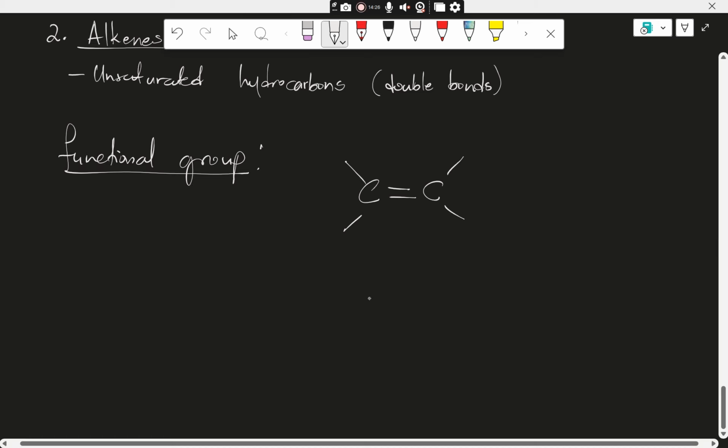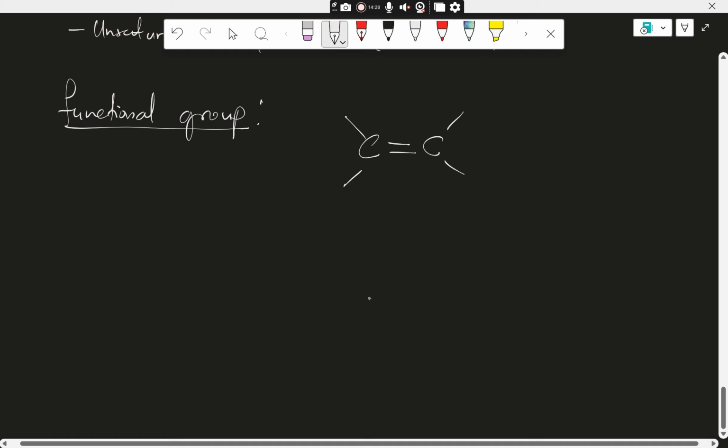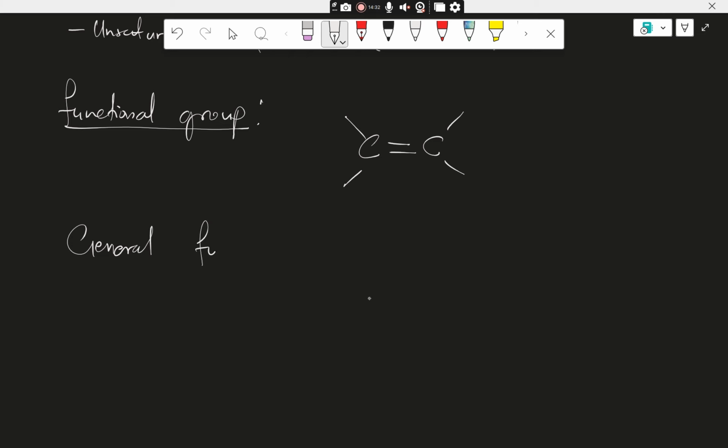So that's a functional group. And then the general formula for alkenes will look like CnH2n minus 2, right? So that's our general formula, but we can confirm it, right?